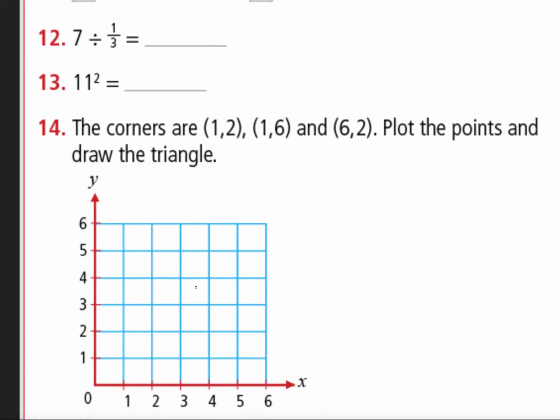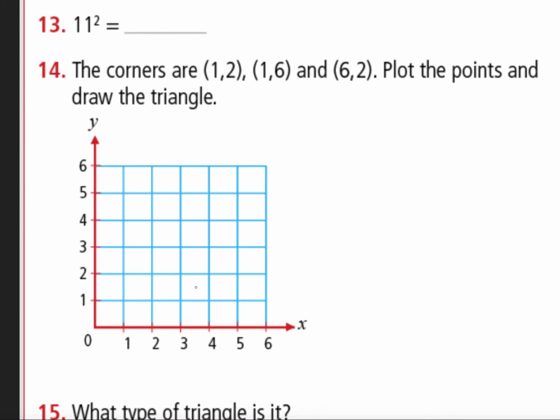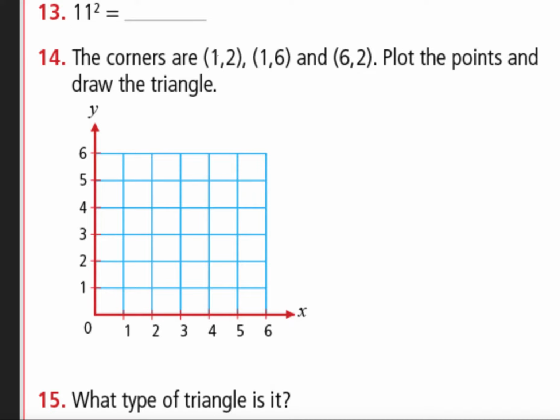On number 14, the corners are (1, 2), (1, 6) and (6, 2). Plot the points and draw the triangle. Now, plot the points is just a fancy way of saying take these coordinates here and put them on the graph. Now remember, the first one is always x and the second one is always y. So I'm going to put this one on the graph for you and I'm going to let you do the rest.